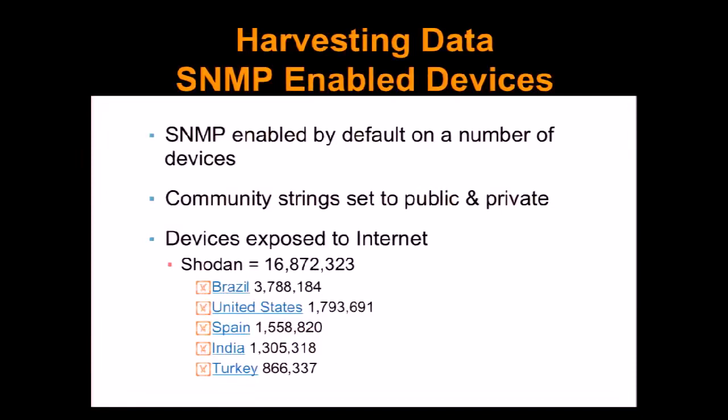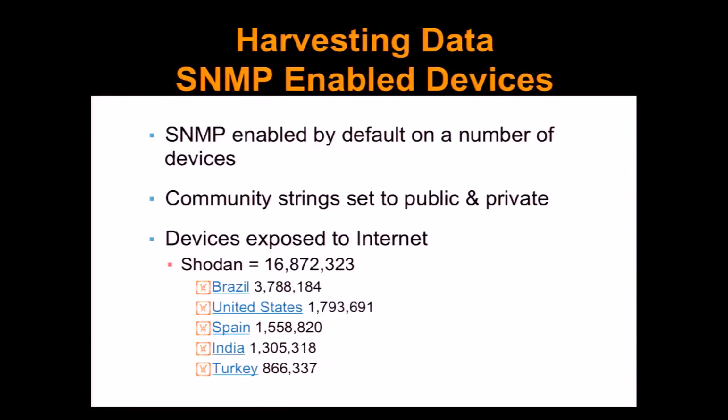So some high-level information. As part of this research, it's all about, hey, SNMP is exposed out there. And like Matthew talked about, the community strings. By default, devices have public and private as the standard community strings that are enabled on most SNMP installs.